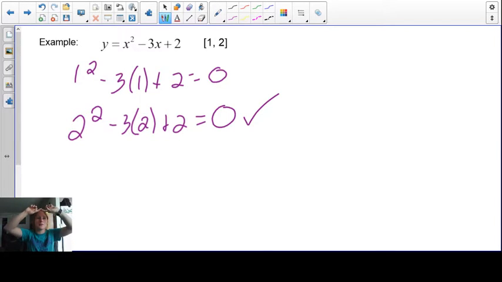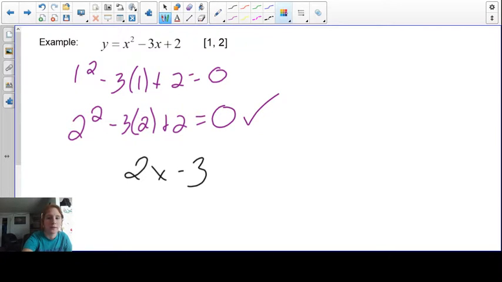Okay, so that means I either have a minimum down there or a maximum up here, someplace. We don't know. We're going to figure it out. So then the second step tells me that I'm going to go ahead and take the derivative of this function. So when I take the derivative, I get 2x minus 3.